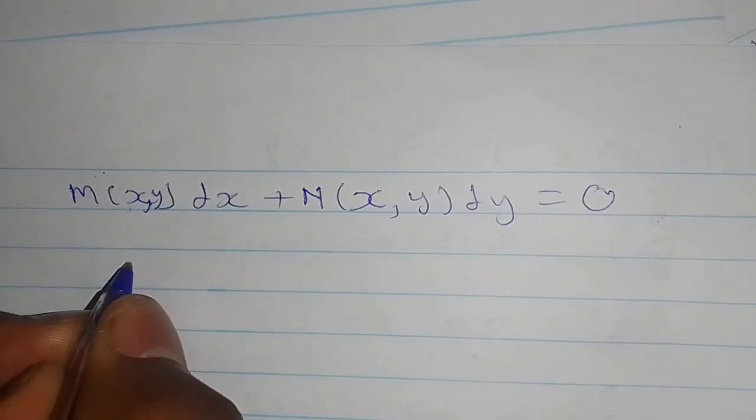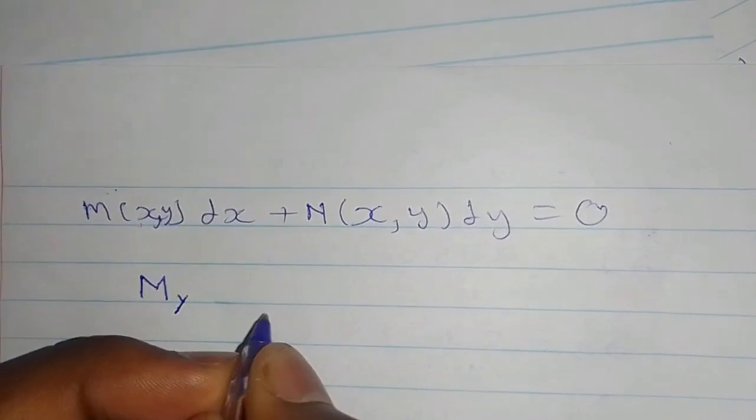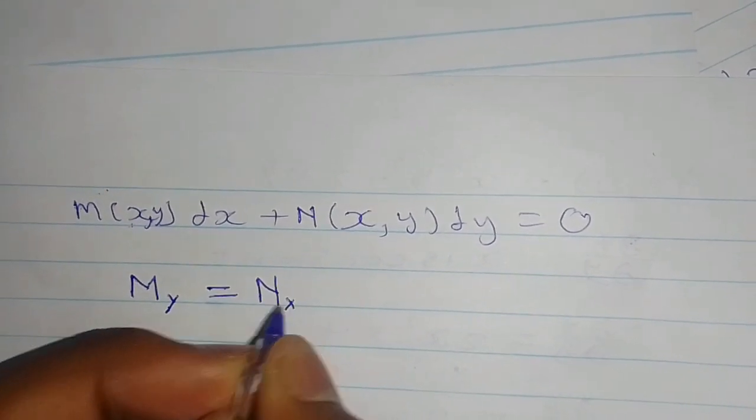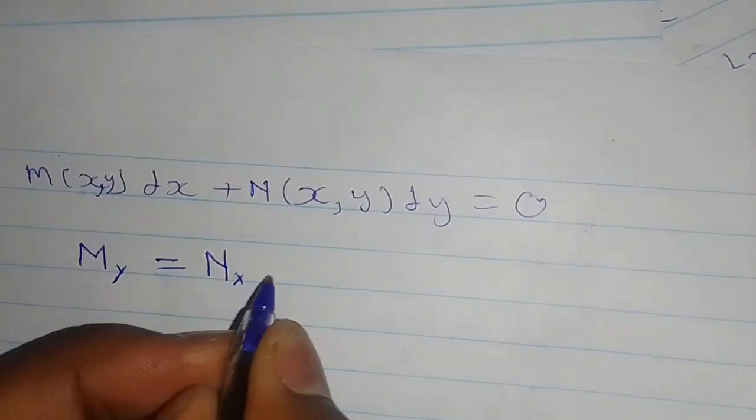Then if you take the partial derivative of M with respect to y, and you find that it is equal to the partial derivative of N with respect to x, then your equation is exact.